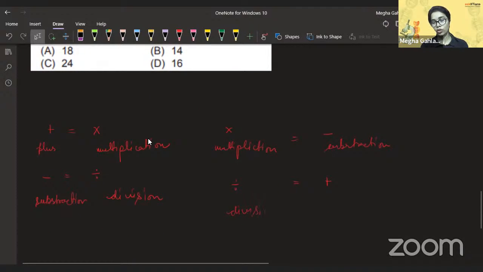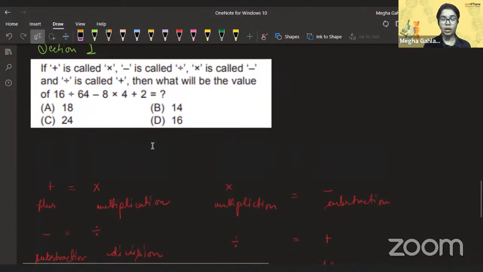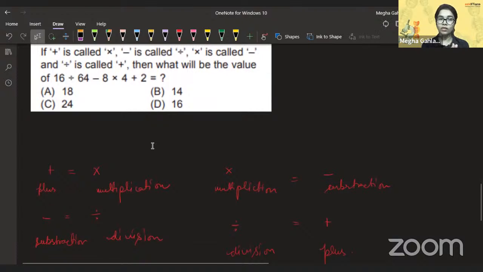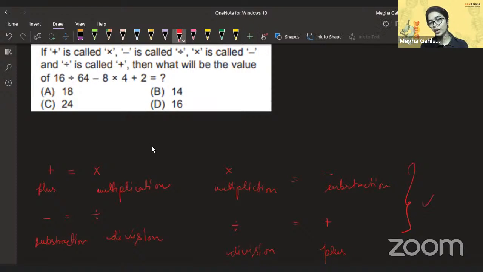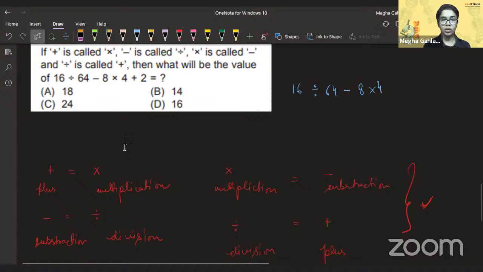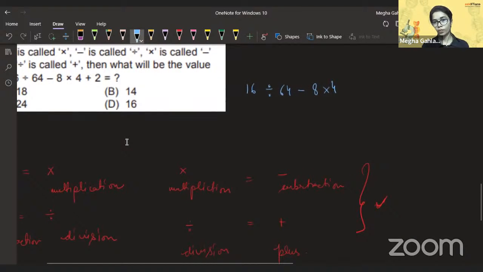Then you have to solve the equation provided with these changes instructed by the question, right? The equation that we have over here is 16 divided by 64 minus 8 into 4 plus 2 equals question mark. We have to find out this question mark.